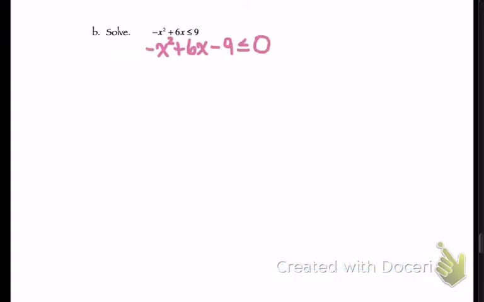Okay, letter B. First thing I notice, think about when we did quadratic formula. It always had to be equal to 0 first. Well, in this case, it has to be less than or equal to 0. All right, so I moved that positive 9 to the other side, so it's minus. From here, I'm guessing this is going to be where you're going to have questions. You cannot have that negative out front when factoring, so what I'm going to do is factor that negative out.